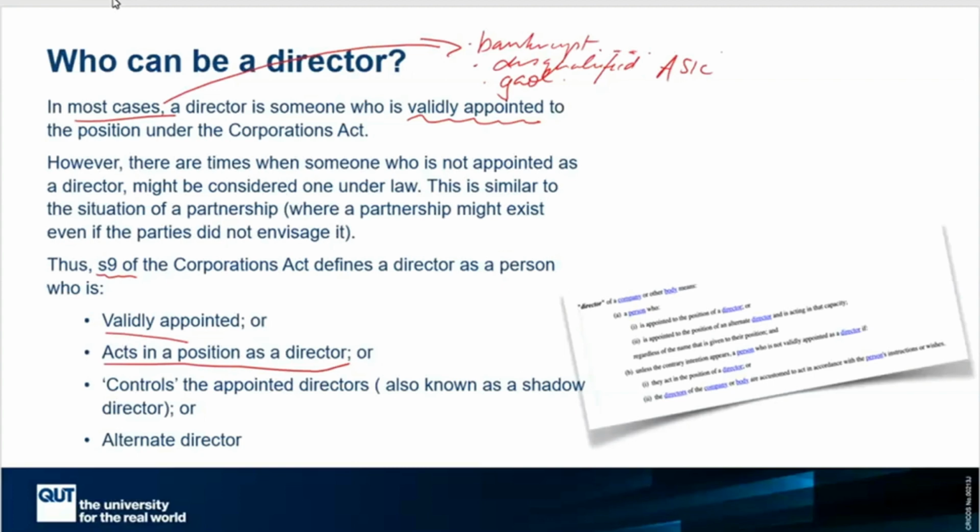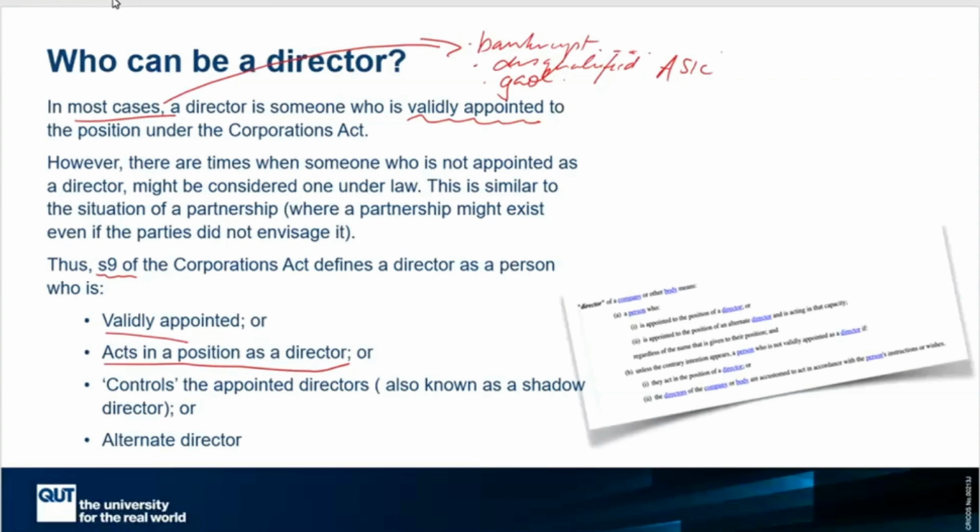If you did that, the law would treat you as though you are a director of BHP. A way you can think about that is to go back to business law and think about that issue of ostensible authority. When you act as though you have power, then if a reasonable person might think that you had the power, you'll be held accountable for it. So that's really what's going on there. If you act as though you're a director, you'll be a director.